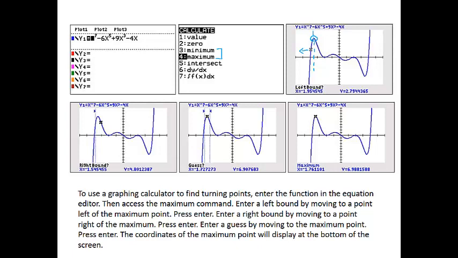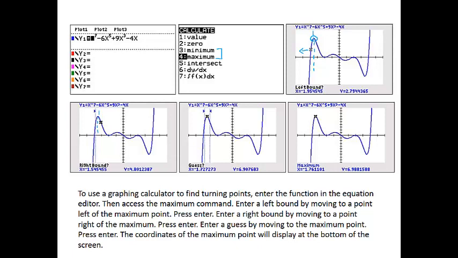And then it will ask you for a right bound. And you'll also notice that it will place a little marker when you say the left bound and you've pressed enter. Well, for the right bound, again, I need you to think about a vertical line through that point and go somewhere to the right of it, and then press enter. And then you'll notice that it puts a little mark where you've placed your left bound and right bound, and then it asks you to guess.